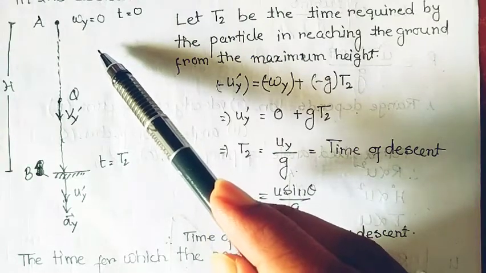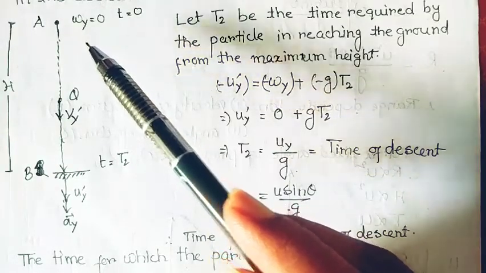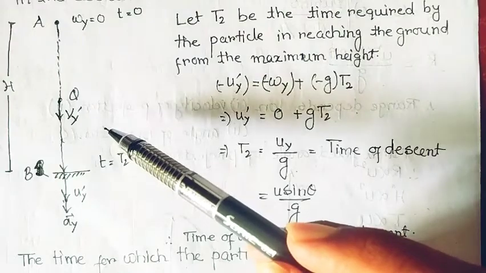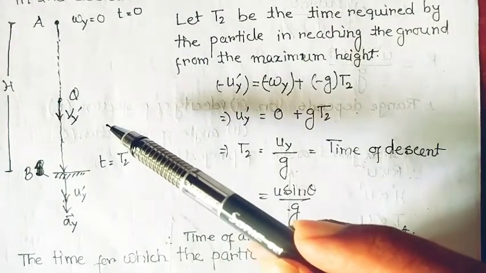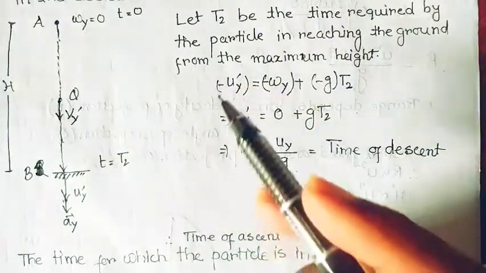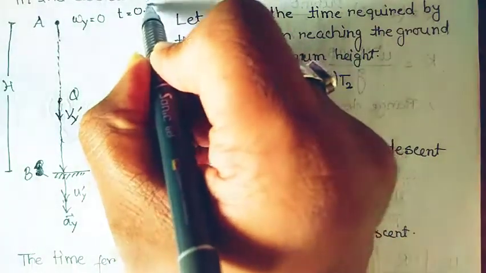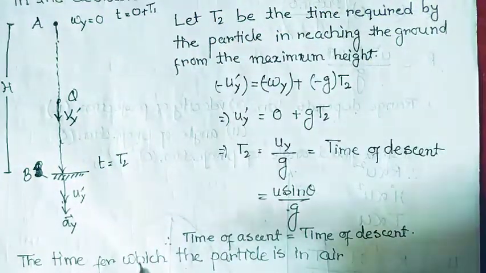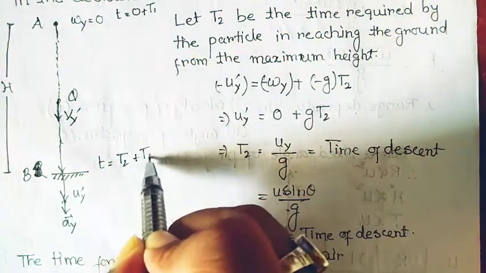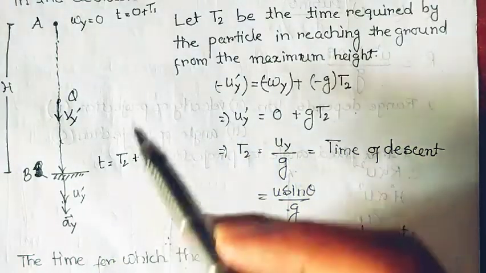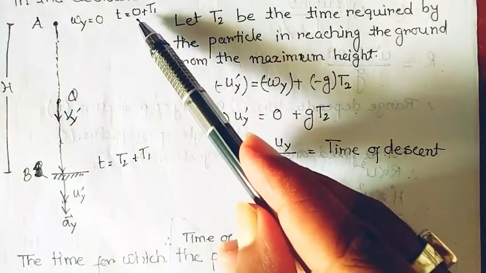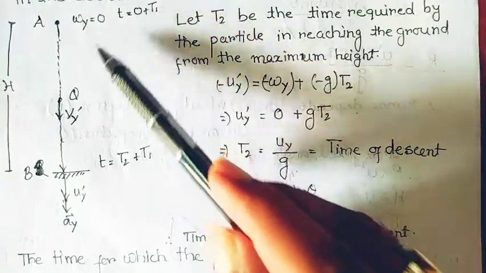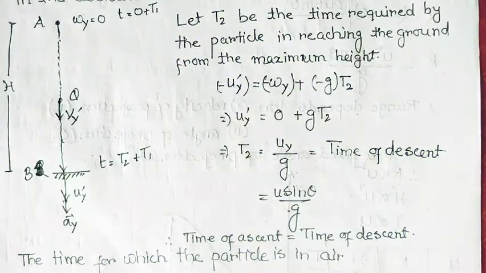I just consider, but actually t equal to 0 is when the particle is at the ground level, that is the point of projection. So in better words we can say that it is 0 plus t1 and this is t2 plus t1. So from here it is clear the time taken by the particle in reaching from A to the point B is t2.